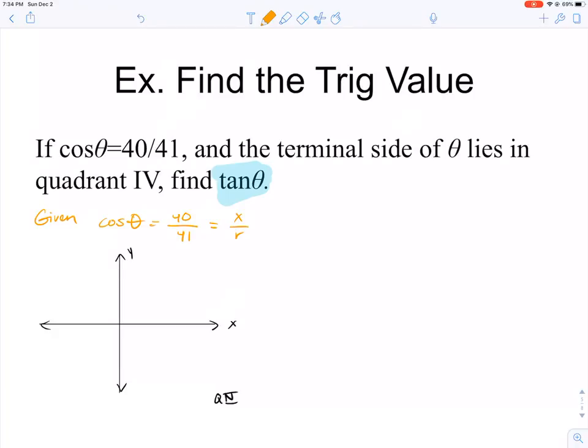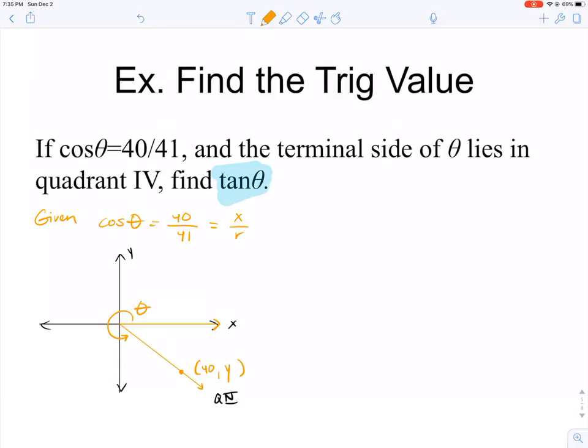So in quadrant 4, the point which the terminating side of theta will pass through will have to have an x coordinate of 40.